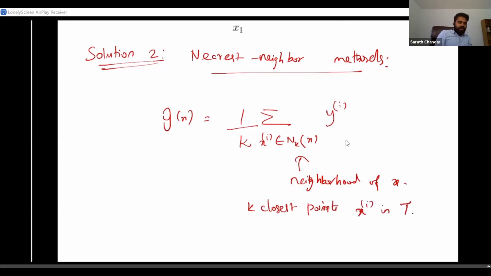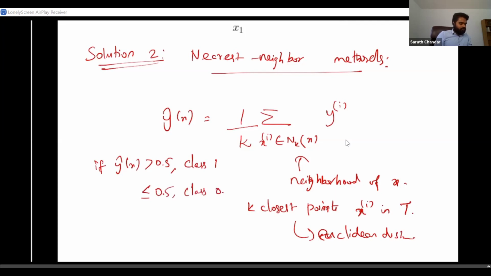So how do I define what is close? One simple solution is to use Euclidean distance: what are the data points which are close to me in the Euclidean distance? Once I compute this average, if y hat is greater than 0.5, I will choose class 1. If it is less than or equal to 0.5, I will choose class 0.